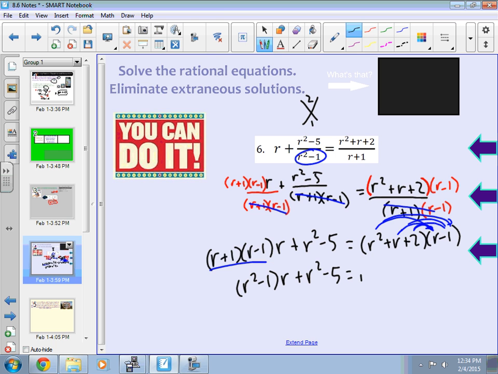If we do that, we get r cubed minus r squared. Then multiply r to both of them plus r squared minus r, 2 to both of them, and you get that. There's one last distributing we need to do over here, and this is what our problem becomes.